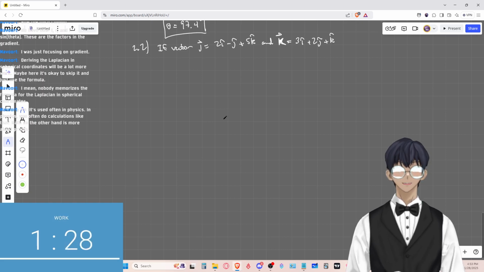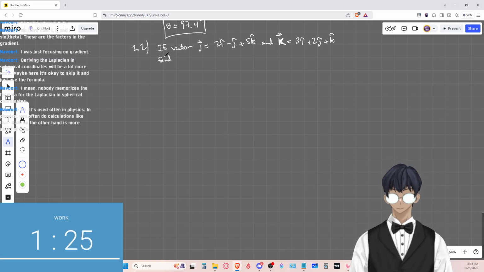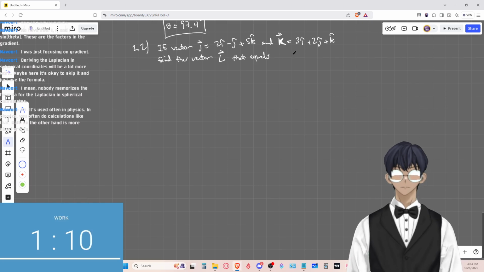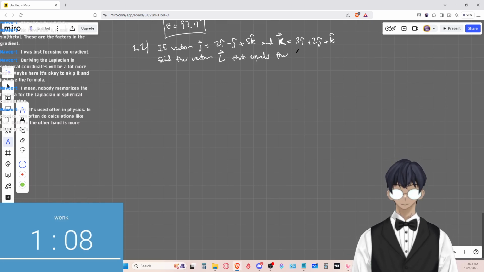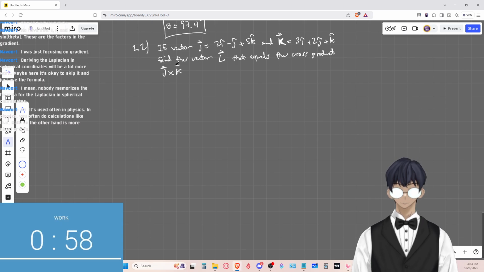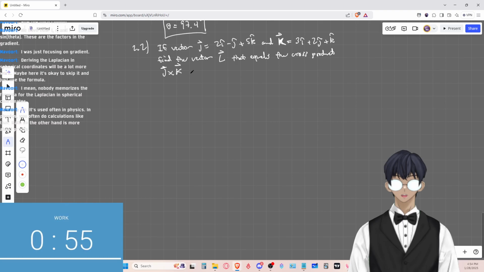Let's see, find the vector L that equals the cross product of J and K.